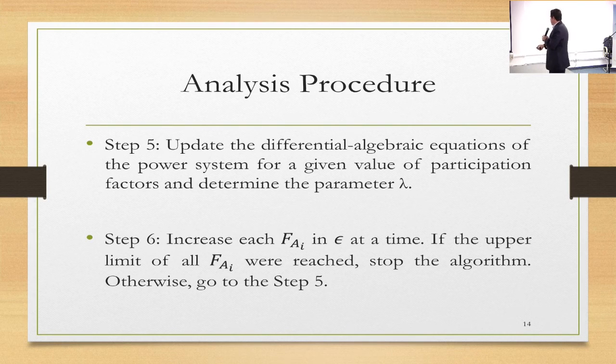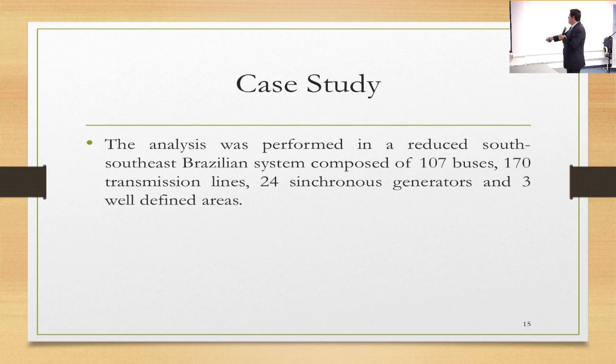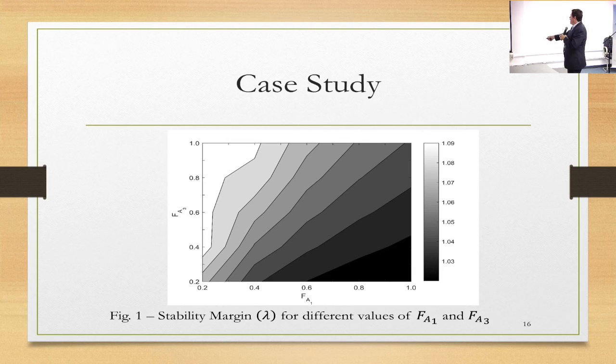If we plot the stability margin for different values of the participation factor of area 1 against area 3, you can see that the participation factors are scanned from a value from 0.2 to 1 for both areas. And what you see in this surface here is the stability margin, which is evaluated according to this scale here, right?